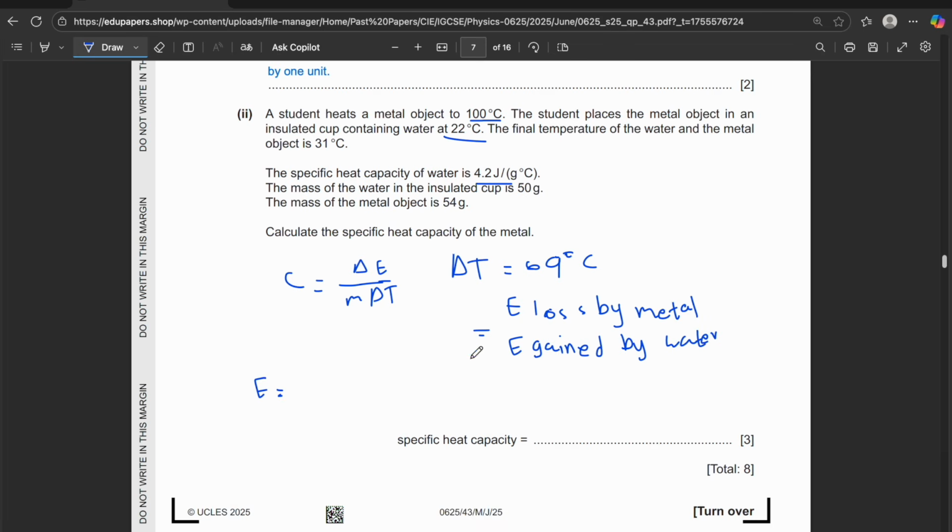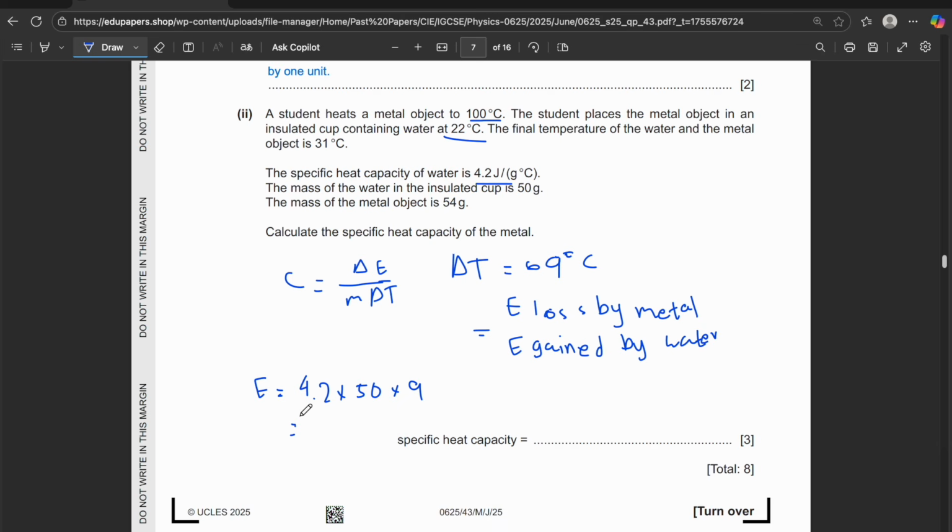If we want to calculate the energy gained by water, we have specific heat capacity, mass is 50, change in temperature is 9. So this is how much energy the metal has lost.